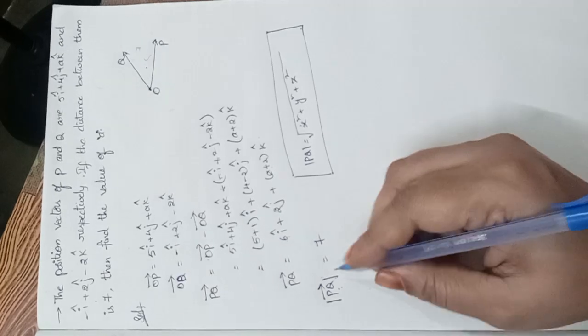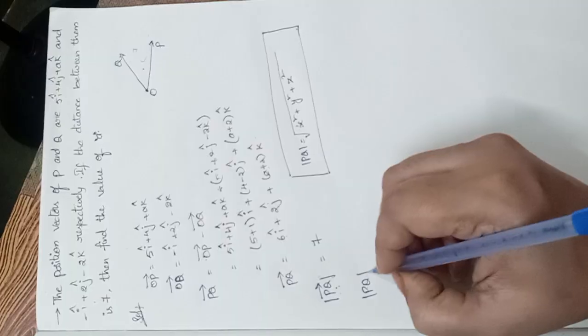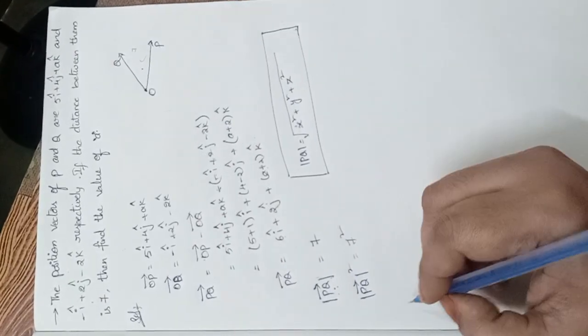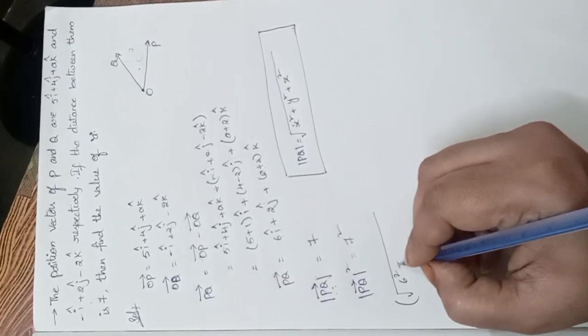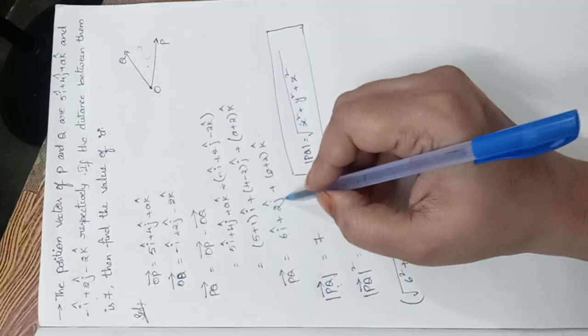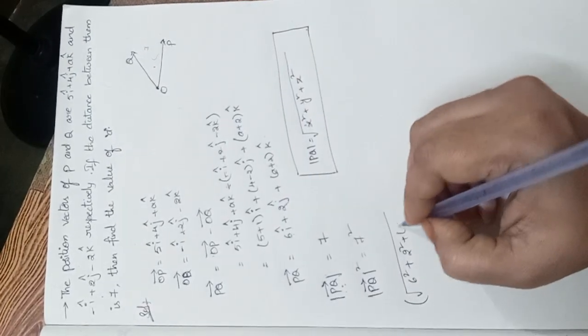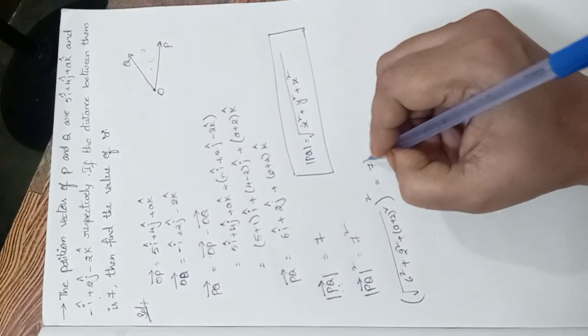If you square this, mod PQ whole square equals 7 square, right? What will you get? Root of the i cap coefficient 6 square, j cap is 2, so 2 square, plus a plus 2 whole square, and this whole thing equals 7 square.